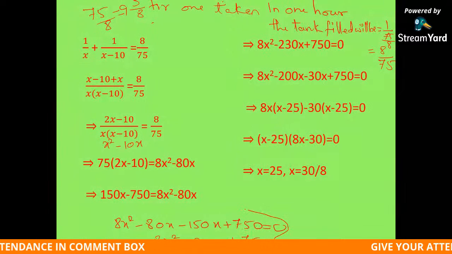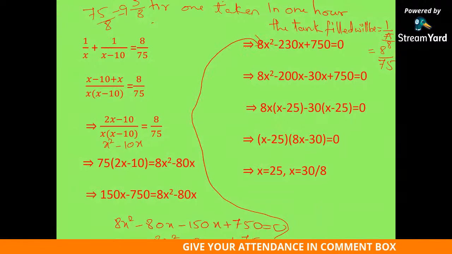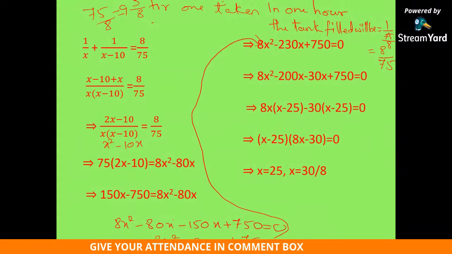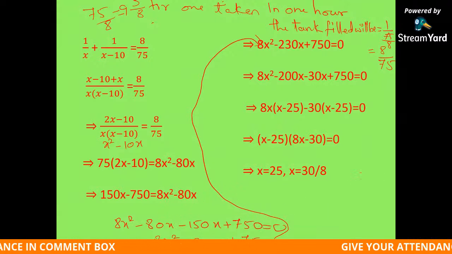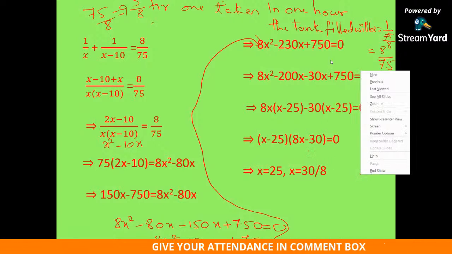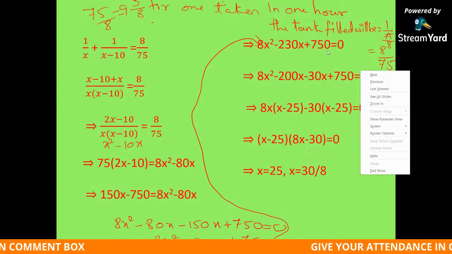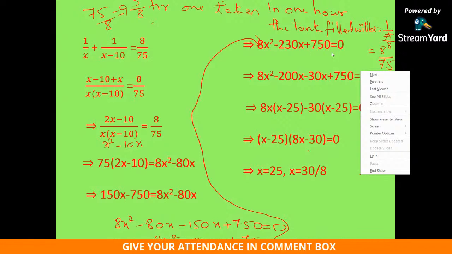This is nothing but your equation: 8x square minus 230x plus 750. Then you have to split it in such a way that their product and their sum or difference are correct.